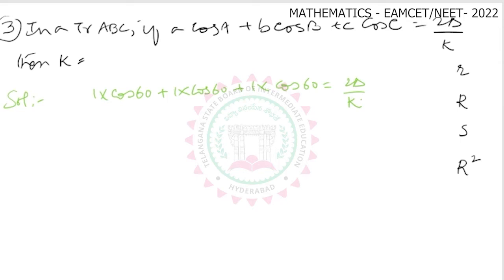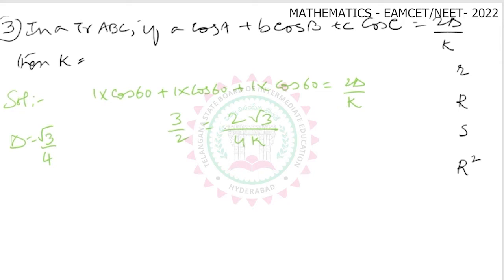So cos 60 is 1 by 2. 1 by 2 plus 1 by 2 plus 1 by 2 is nothing but 3 by 2 is equal to 2 into delta by k. So as I told you, the value of delta is root 3 by 4. So 2 into root 3 by 4 into k. Right? 2 as it is, k as it is, delta equal to root 3 by 4.